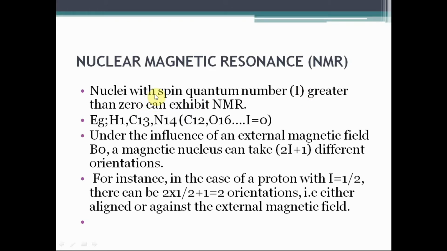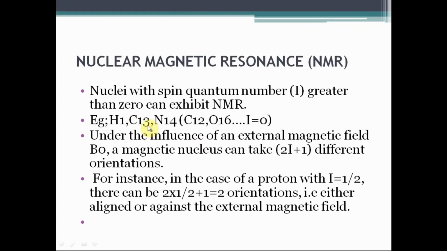For example, we have the hydrogen nucleus. In the hydrogen nucleus there is only one proton, therefore it is represented as H1. That single proton's spin is taken as plus half. In the case of C13, we have 6 protons and 7 neutrons.